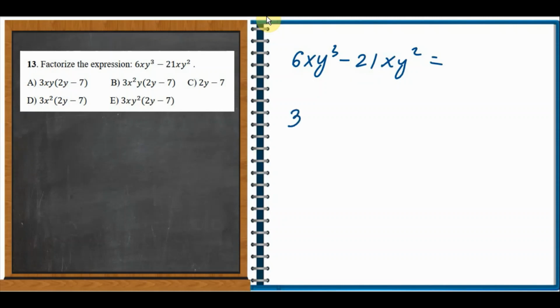So take 3, x, and y squared. So what will be left inside the bracket? It will be 2 times y minus 7. So the correct answer is 3xy squared times 2y minus 7, which is E. So E is the correct answer.